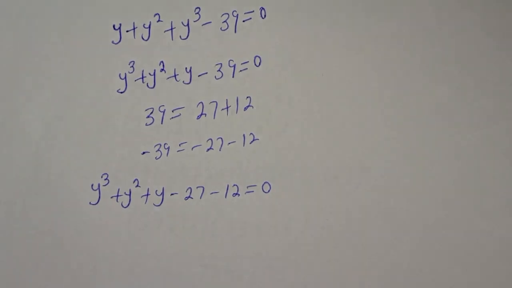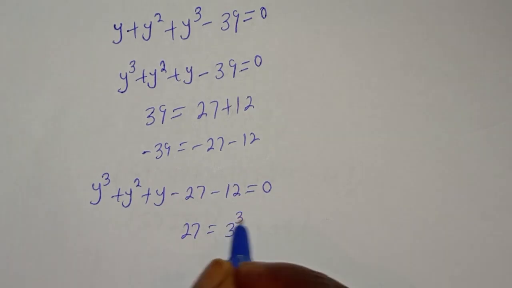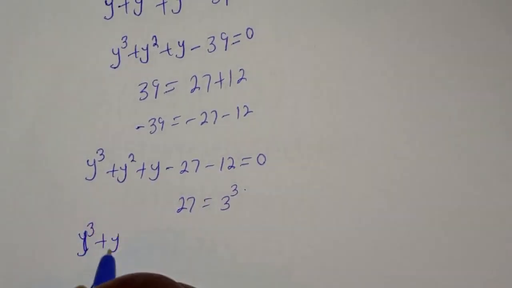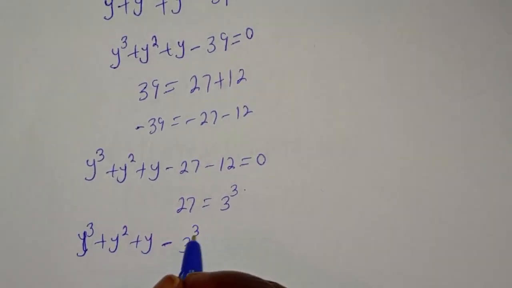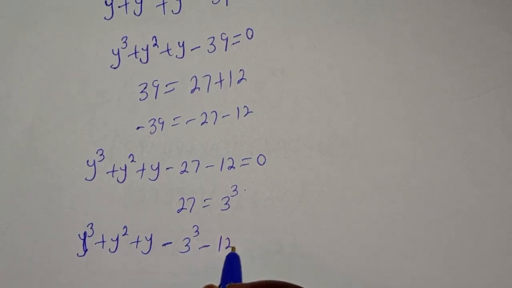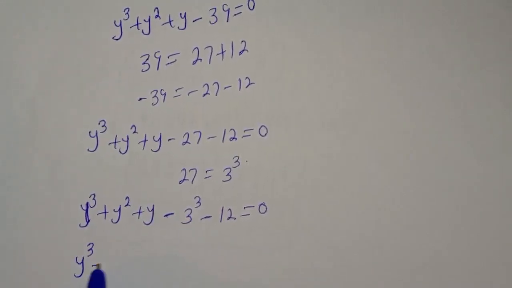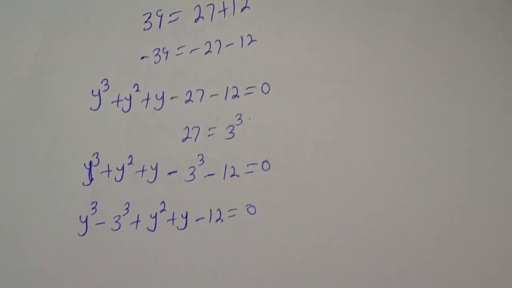Then 27 is 3 raised to power 3. Now we have y raised to power 3 plus y squared plus y minus 3 raised to power 3 minus 12 is equal to 0. So this is y raised to power 3 minus 3 raised to power 3 plus y squared plus y minus 12 is equal to 0.